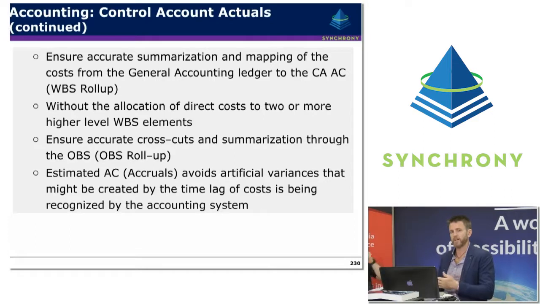So it is an estimate, but it's fairly easy to work with contractors or vendors to have that type of information coming through in sync with the end of month process, so that it squares away any artificial variances with your performance reporting.